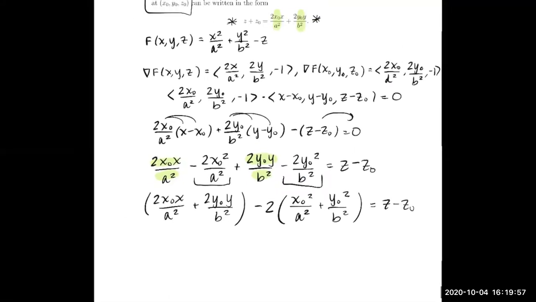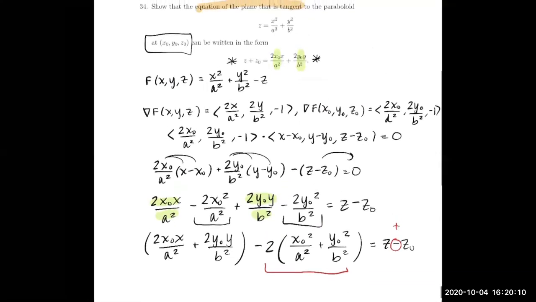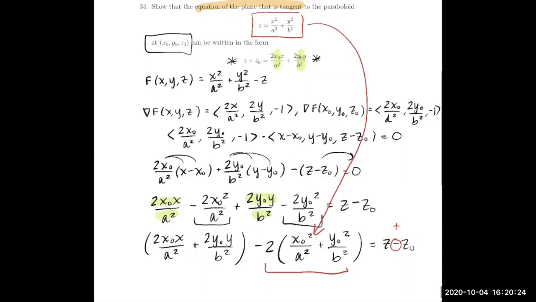So I would like to completely get rid of this term. And furthermore, this is the wrong sign, right? I'm hoping for a plus here. So if I look all the way back up at the original function, the original equation of the paraboloid, notice that x squared over a squared plus y squared over b squared is z. Well, that's almost exactly what I have here, except for with the subscript zeros.